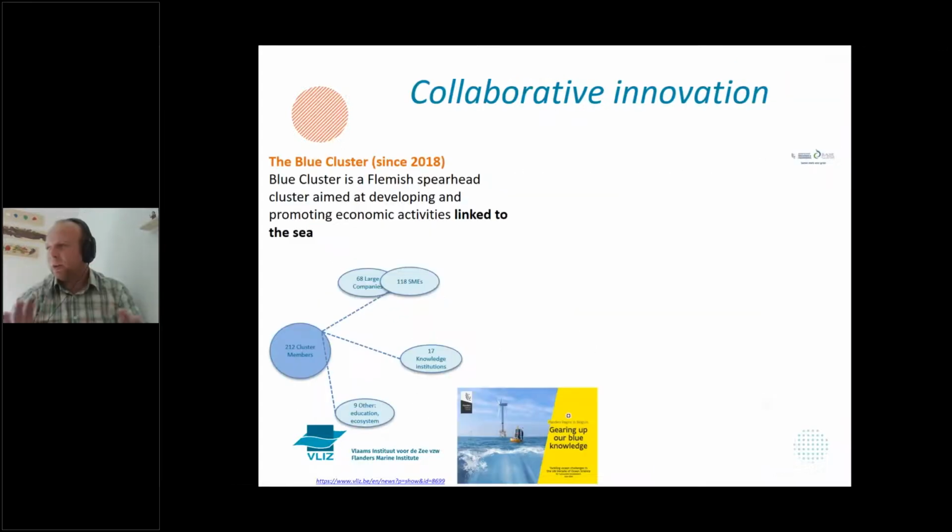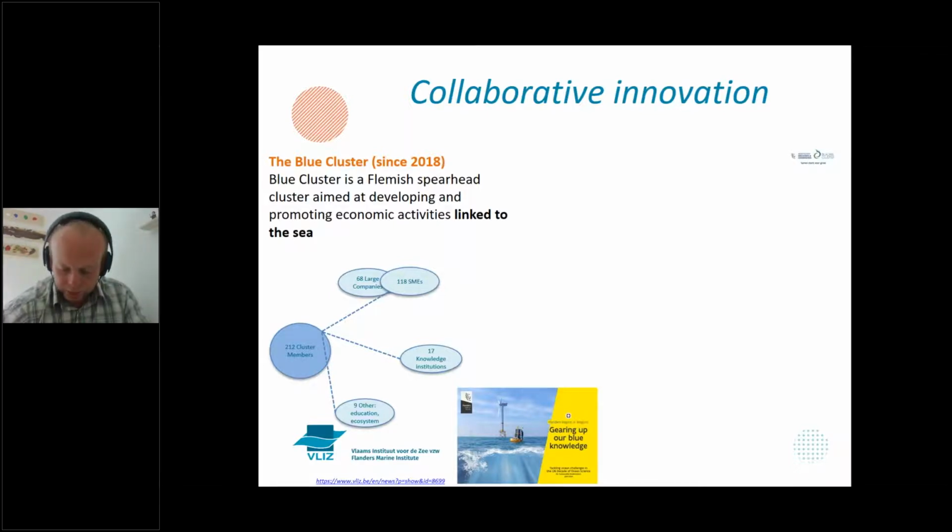So that was just a very brief overview of a few of the projects that we have currently running. Second part of my title was about a collaborative innovation, and there I will go back to my colleagues of the Department of Valorization and Innovation. These people are in really close contact with industry and policymakers, and also, as shown here on the slide, with the people of the Blue Cluster.